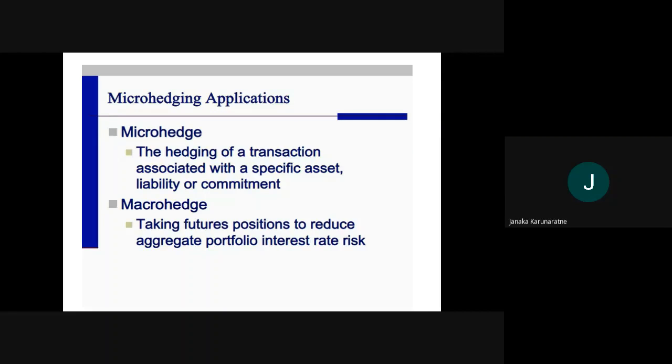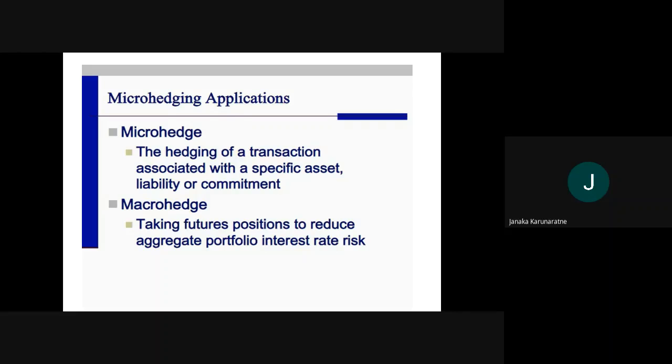As a banker, you want to invest in a 6 months deposit in 3 months' time, some big amount. So what is the risk associated with that? Interest rate going down, exactly. So you hedge that particular instrument only. That is called a micro hedge.